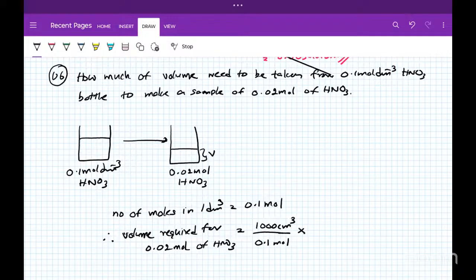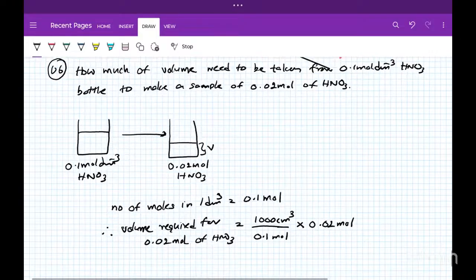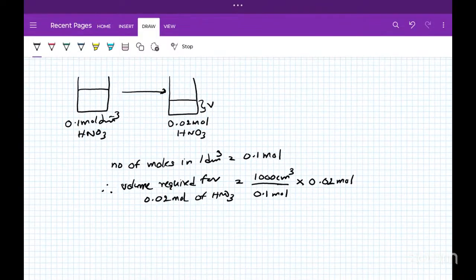Then how much should I take in for 0.02 moles? So if I take 1000 cubic centimeters, I have 0.1 moles. Then how much of volume is needed for 0.02 moles? That is the basic idea, right?